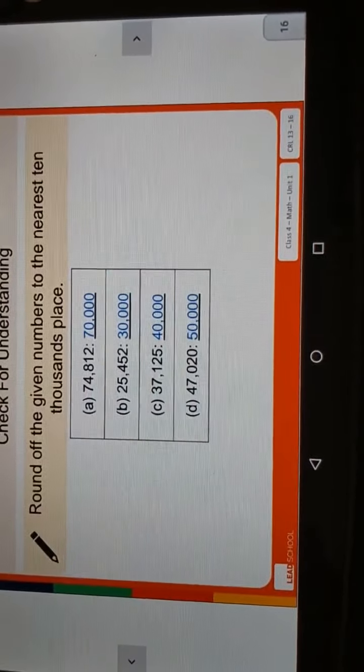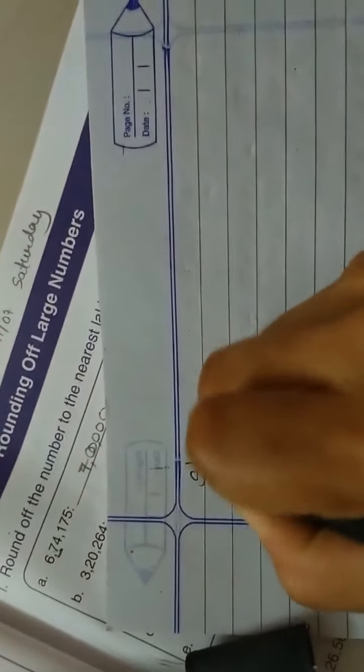I hope your work is complete, students. Students, we'll start standard 4th maths unit 1, worksheet number 16.